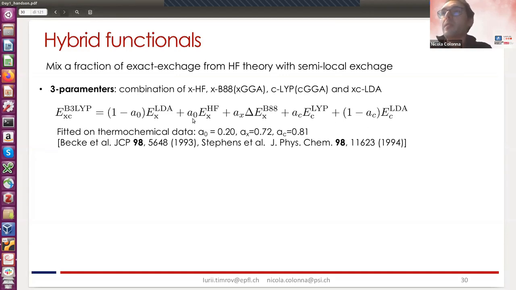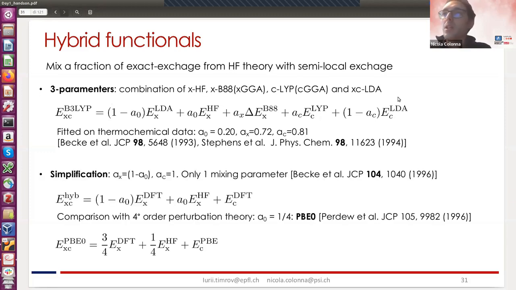This was probably the very first very successful hybrid functional. It's the famous B3LYP, and this was probably when chemists really started using density functional theory, because they were really able to obtain accurate results with density functional calculations with this scheme.